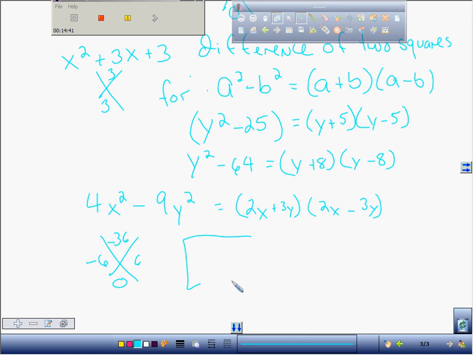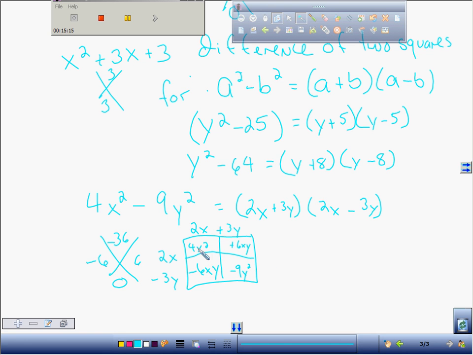And then I'd do my box, and I'd put a 4x squared over here, and a minus 9y squared here, and I would put my minus 6xy here, and my plus 6xy here, and then I'd factor out the greatest common factor, which is 2x, and then factor out the greatest common factor from the other row, and then I'd pull out a negative 3y from here, and a positive 3y from here, and then I would have this, okay?